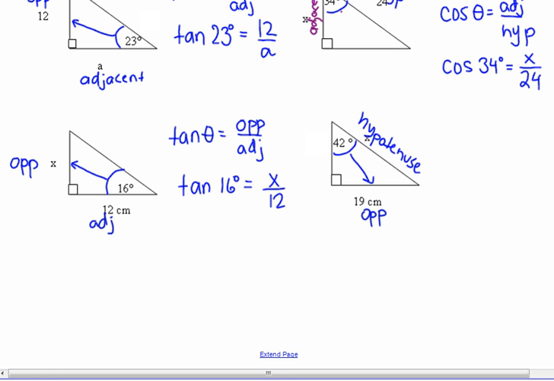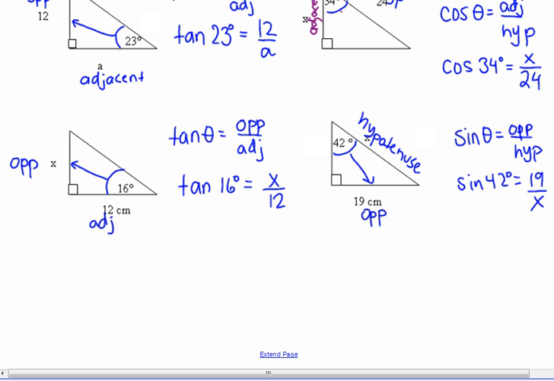Okay, so opposite of the 42 is the 19. So then we would use the sine ratio, because that's opposite over hypotenuse. Sine 42 would be 19 over x. You should have written that down.